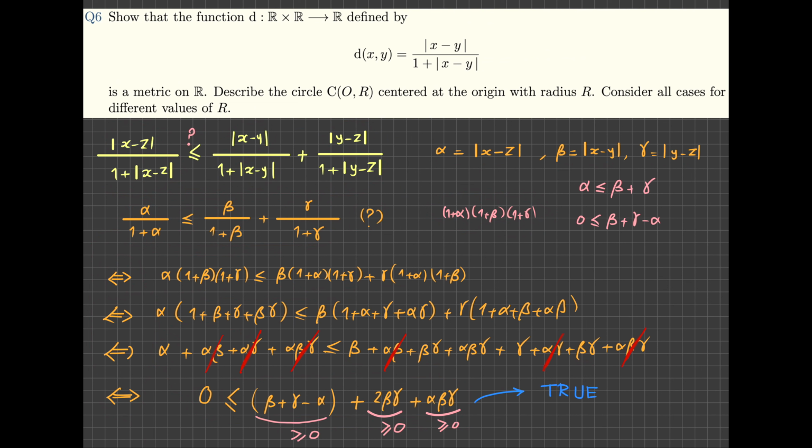And this inequality being true means that this original inequality is also true because all of the operations are reversible. So the reason that I brought this up is I just want to show you that even if you cannot find that a little bit creative way to prove the triangle inequality, you still have a very good chance to be able to prove it using the general strategy to tackle inequalities.